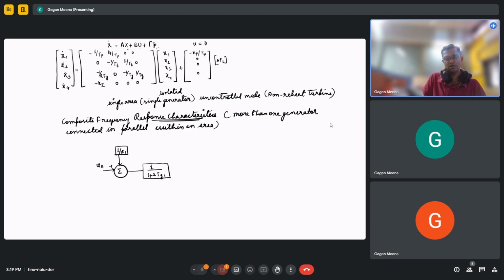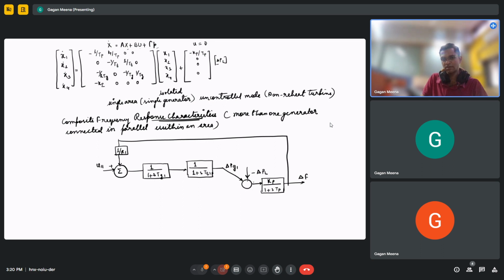After that it is the turbine, 1 by 1 plus STT1, and then this will give delta PG, and here it is minus delta PL. After this we have Kp by 1 plus STP. This will give us the final delta F. So there will be a single delta F because of all the generators connected in parallel.